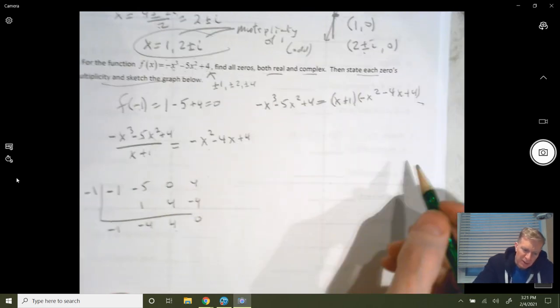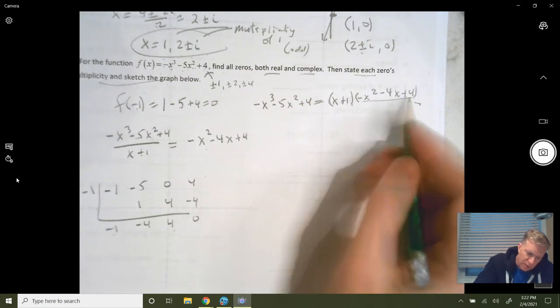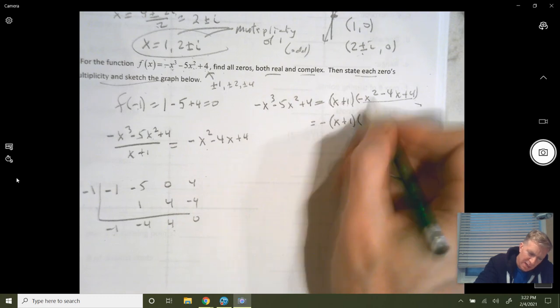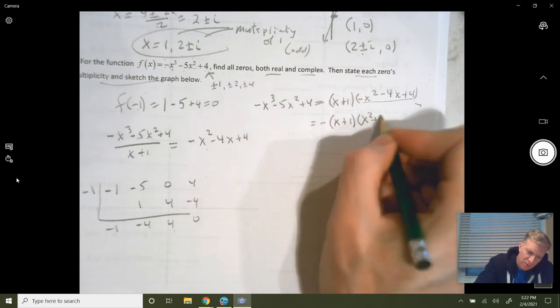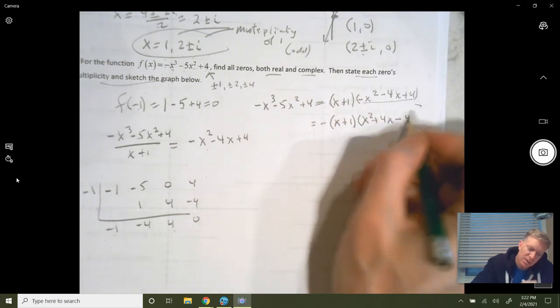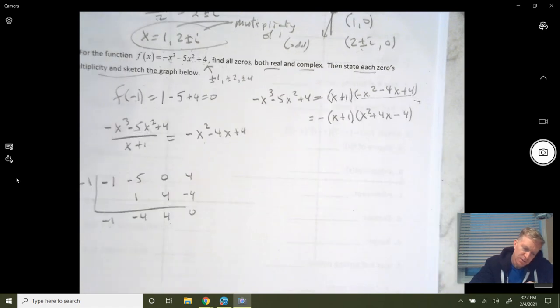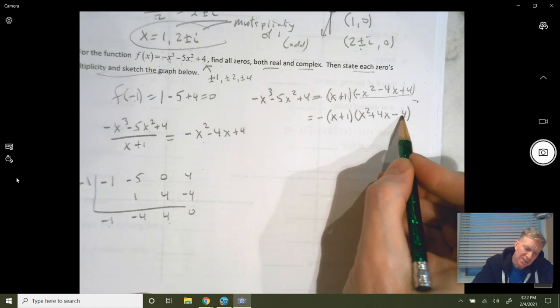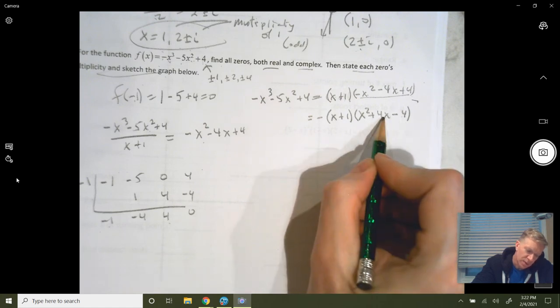Okay, I'm going to factor a -1 out of this, so I'll have a negative out front, x plus 1, and this becomes positive x squared plus 4x minus 4. Ugh, that's kind of messy. Two numbers that multiply to -4 and add to +4. Okay, so that doesn't look like that's going to work out.